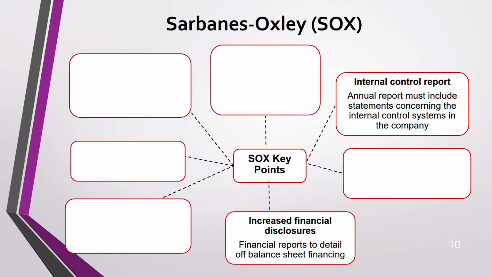Why? Because derivatives, options, swaps are very easy to hide or manipulate, because they are very complex. Normally people do not understand how they work and operate. So even if you include them, people will not understand. That's why you need to include detail of off balance sheet financing, financial instruments, leases, right?